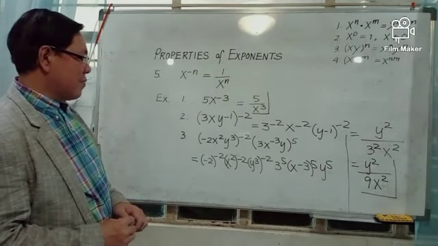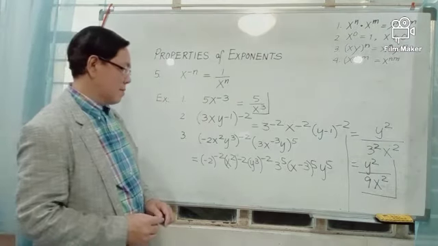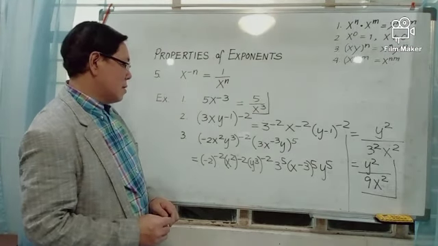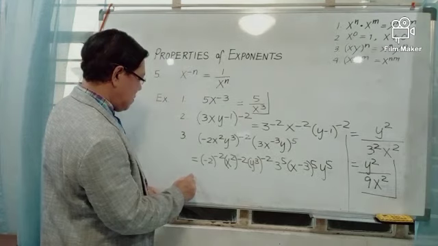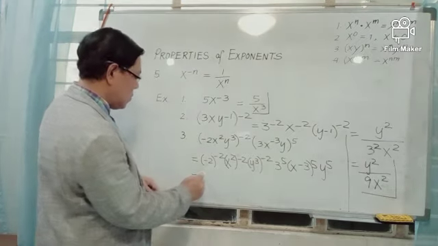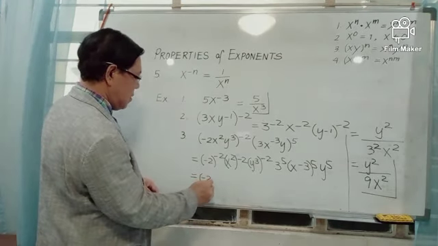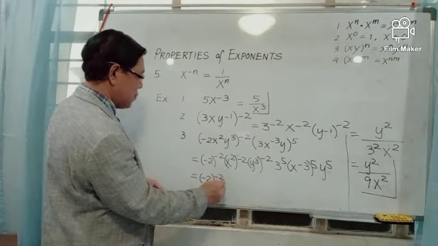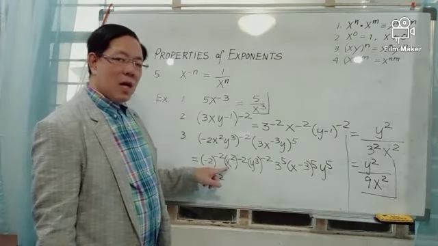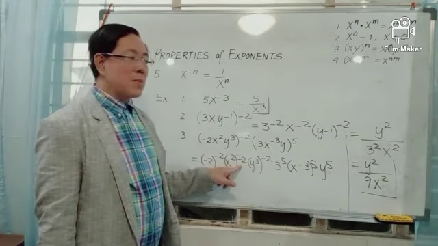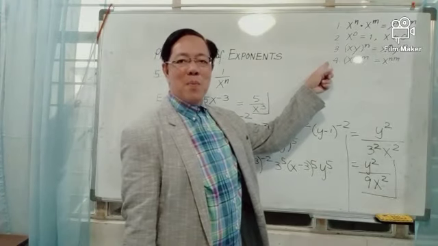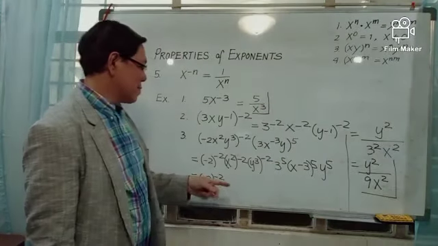Now we simplify. We write negative 2 to the negative 2. To simplify, x squared raised to negative 2, apply the fourth property of exponent.